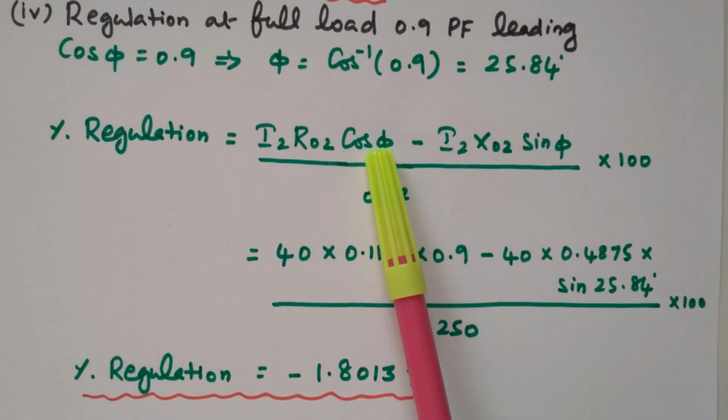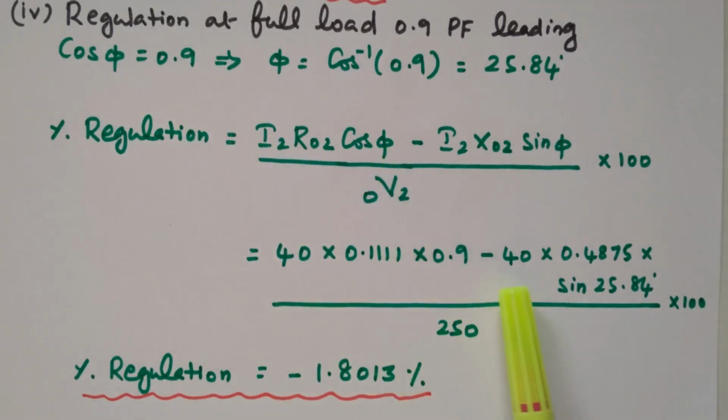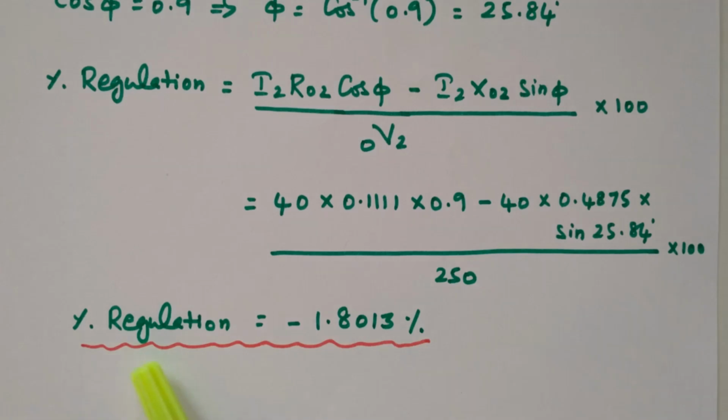Then cos phi is given as 0.9, minus 40 into X02, which is 0.4875, into sin phi. The phi value is 25.84. So sin 25.84, into 100, divided by the no load secondary voltage, which is 250. So by simplifying this, what we got is regulation equal to minus 1.8013 percent. So we got the regulation in the negative.